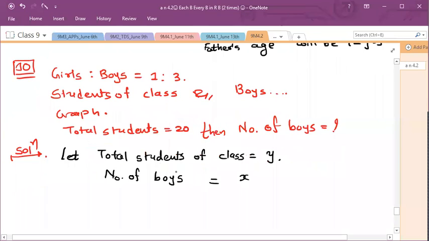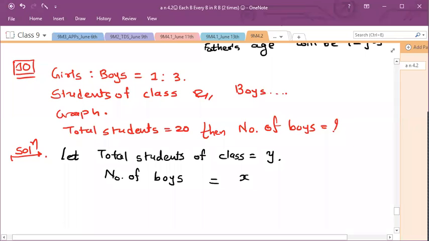They are telling here that the ratio of girls and boys is 1:3. So if you take the total number of boys as x, then what will be the total number of girls?